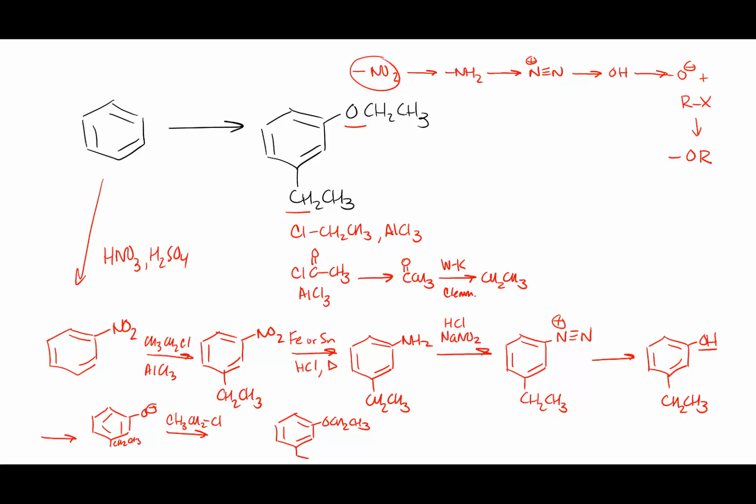And then convert the diazonium to OH with an H3O+. Deprotonate the OH, which means I could use anything. I could use hydroxide. I could use a C minus. I could use an N minus. I could use an H minus.